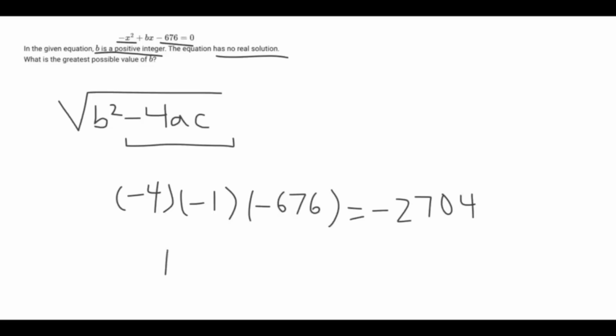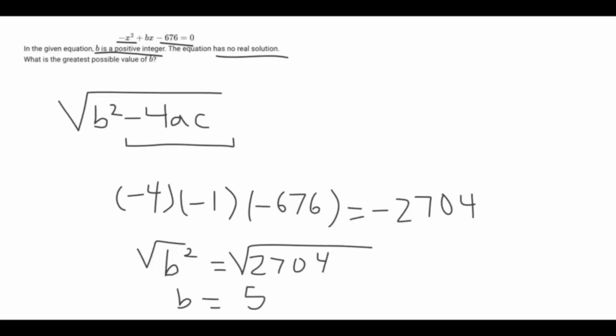So what we can do is just set b squared equivalent to 2,704. Not negative 2,704, because this has to be a positive value in order to be subtracted, right? And so now we're just going to solve for b. So if we take the square root of both sides, we're going to get b is equivalent to the square root of 2,704, which is oddly equivalent to a whole number, which is 52.